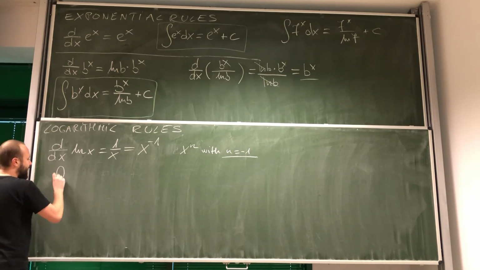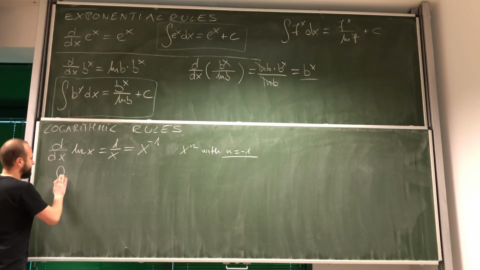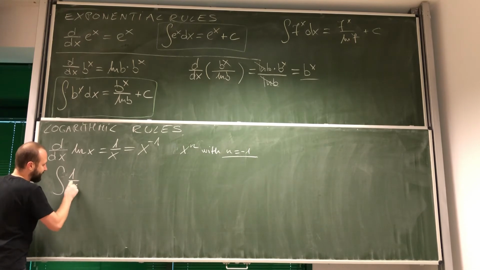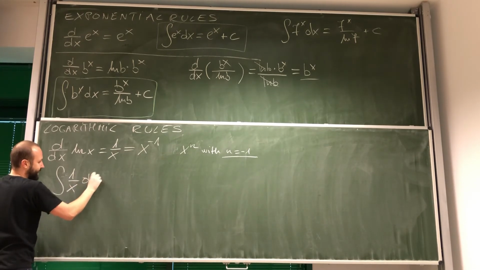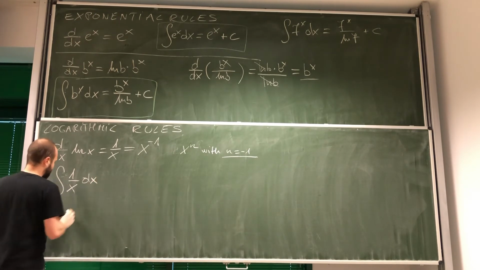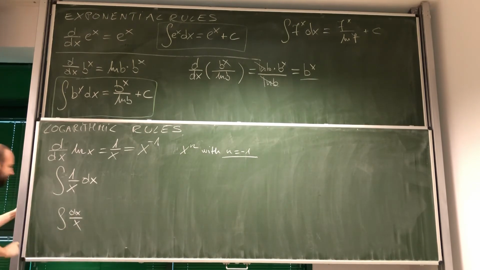Okay, and look, out of this, we should get right away the solution. So, if I'm going to calculate the integral of 1 over x, which is of course equal to x to the power negative 1 dx, which we also remember can be written as the integral dx over x, which is a relative change in x.